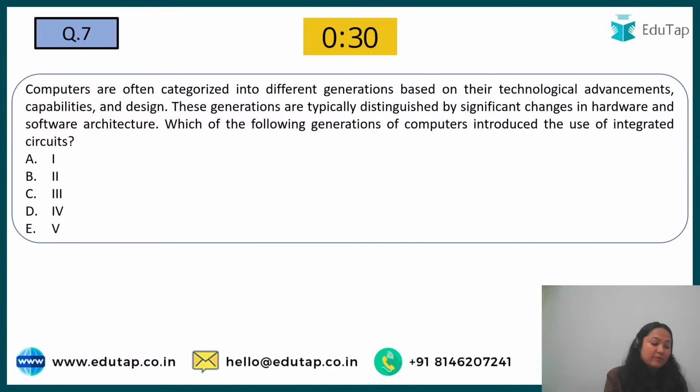So first of all, students, whenever we are talking about different generations, for the exam you need to remember the language that was used in each generation. Also, what were the major components used in each generation.